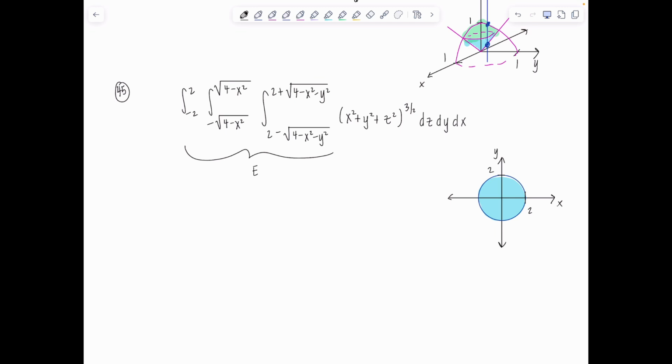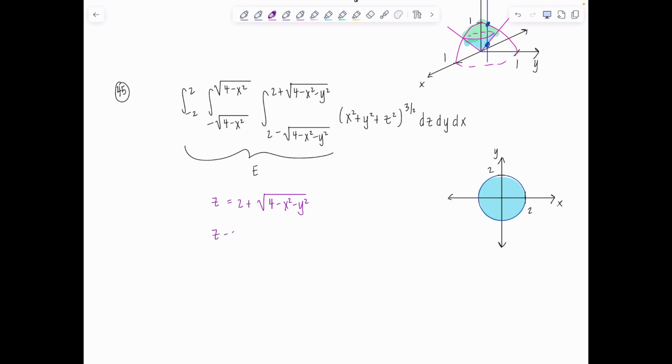Now, we need a 3D picture anytime we're in spherical because you have to see how phi and rho interact with everything. So it's not like cylindrical. So we've got to figure out what is going on here with the z. So z equals 2 plus root 4 minus x squared minus y squared. Maybe right now it's not recognizable. So let me rearrange it to get rid of that radical.